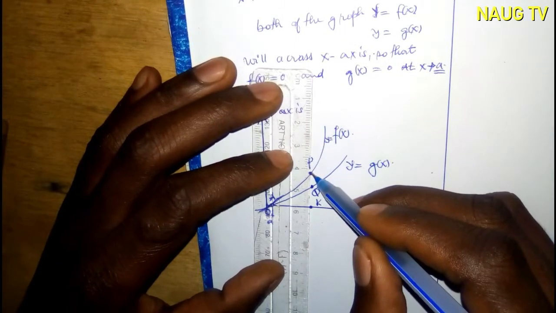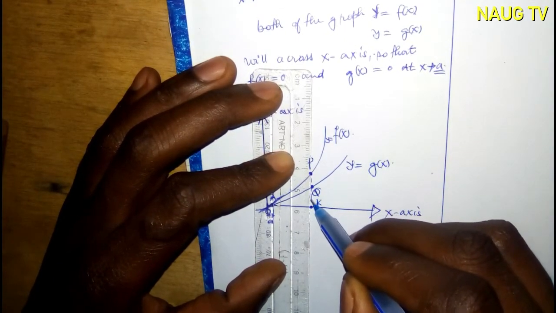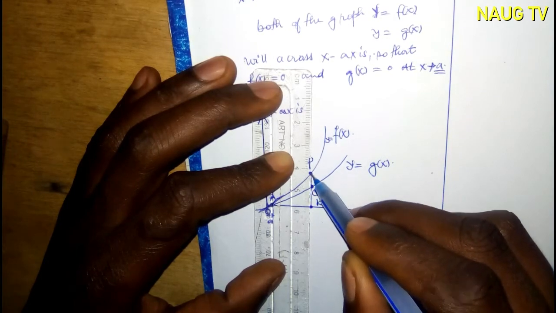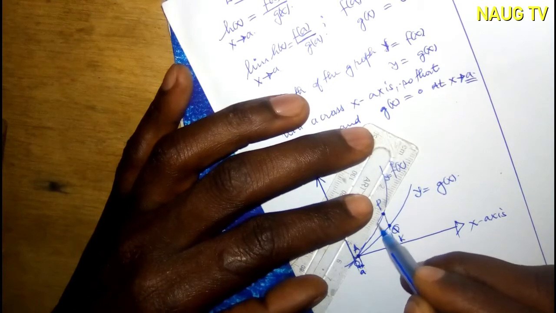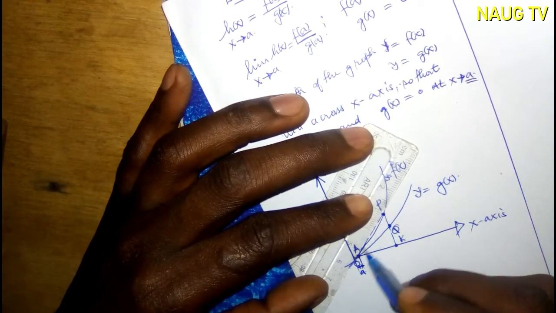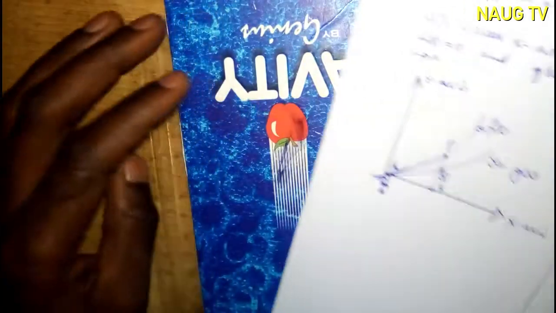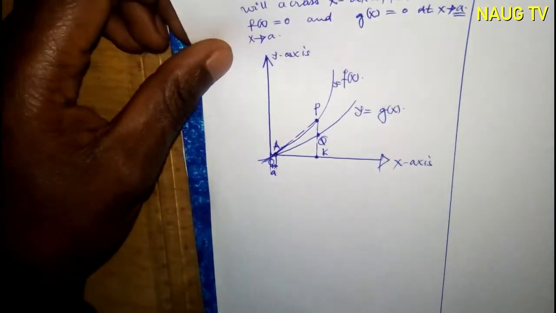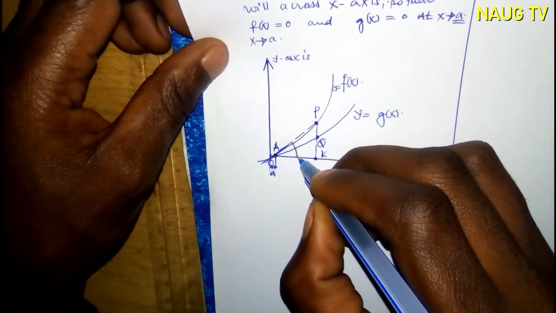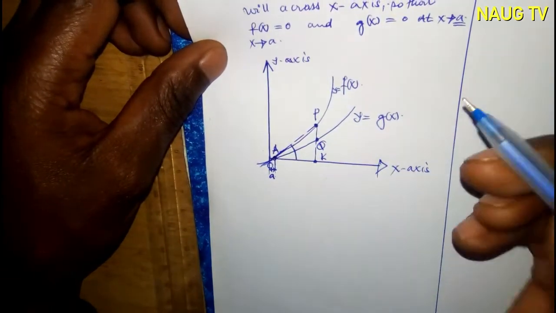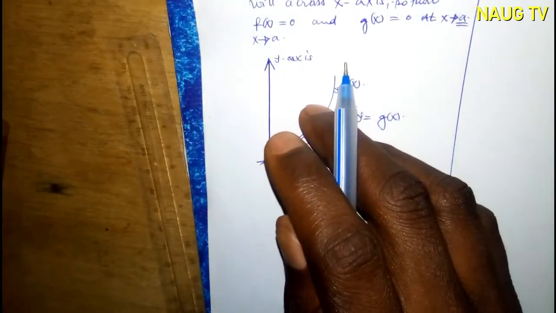If you join these points, we get a right triangle, and here you also have an angle.